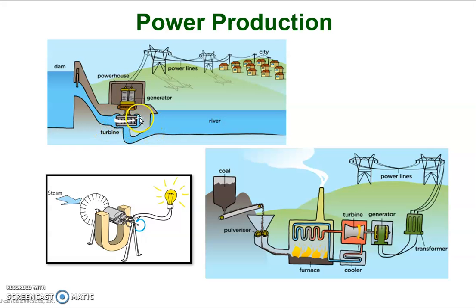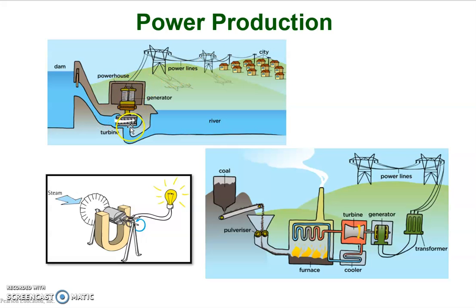This is the concept of mechanical energy, which is the generator. You rotate the turbine, and the turbine rotates the coils within the generator. Because there's a magnetic field inside, when you keep rotating the coils, you can produce electricity. The electricity will propagate outward through the power lines and get into your house devices.